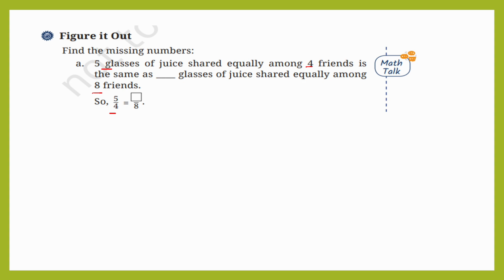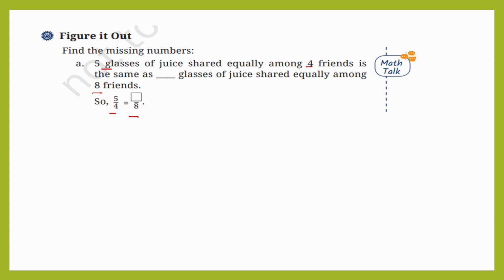This is same as dash glasses of juice shared equally among 8 friends. We have to find out the number of glasses of juice. So 5 by 4 is equal to dash by 8.